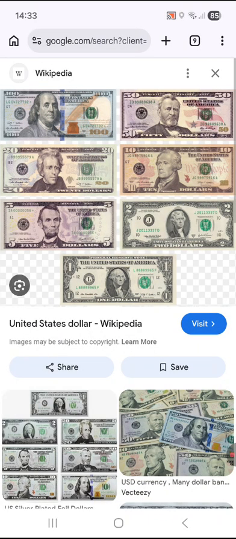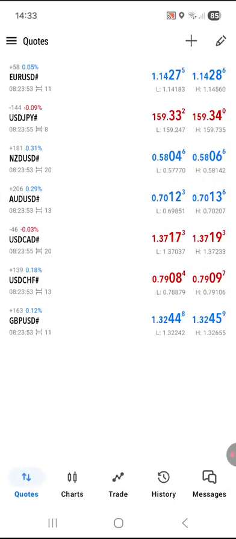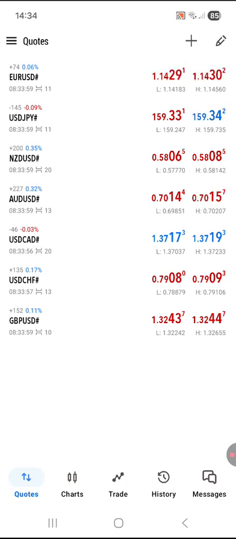Now, each one of these, I'm going to show you what the... Okay, this is the app that I use to actually do the trades. So this is the exchange rate for each one versus the United States dollar.